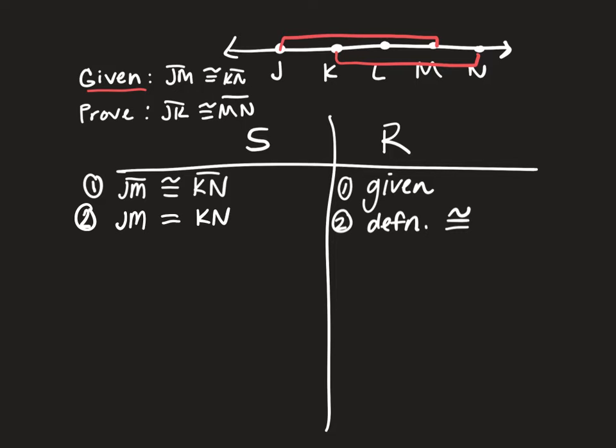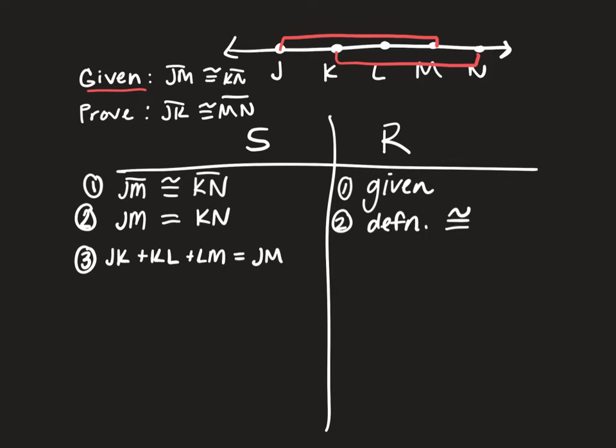All right, so since we know stuff about JM and KN, we're going to take those segments and break them up into their pieces. So like JM has JK and KL and LM. So we're going to write that basically. So for step 3, we have JK plus KL plus LM is equal to JM.